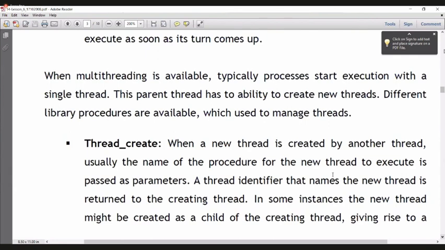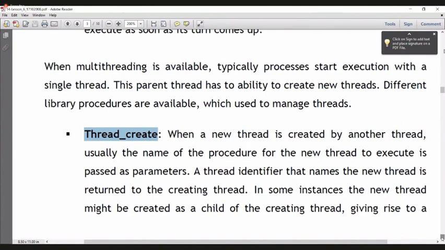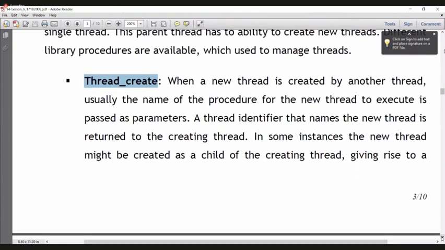Different library procedures are available to manage threads. So how do you create threads while executing? These are some commands you use within a thread or process. How to create a thread? You use the thread create command. What is thread create?